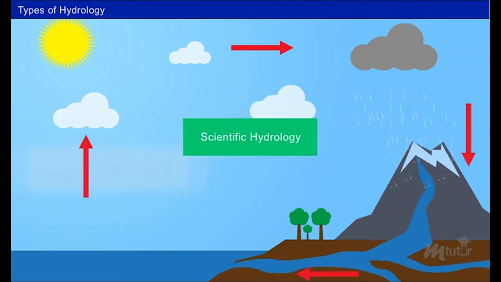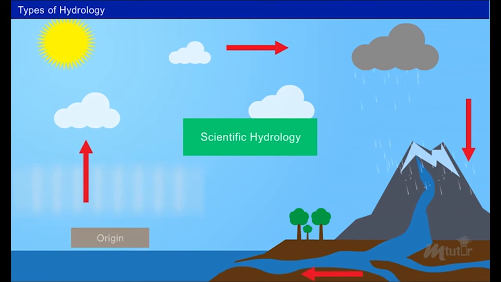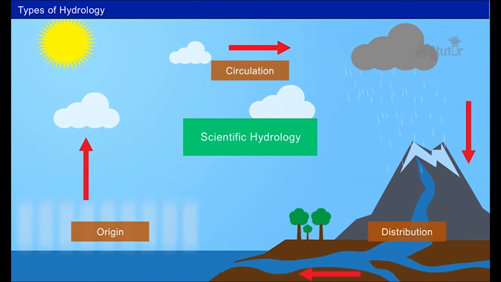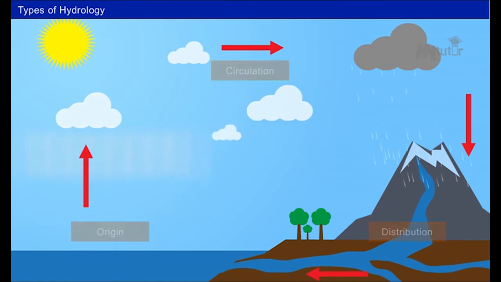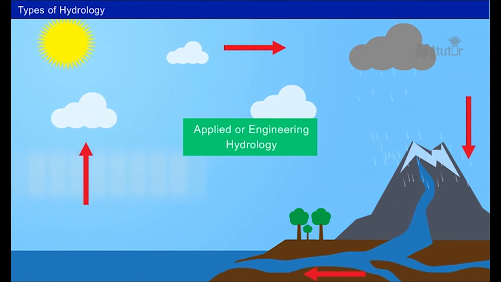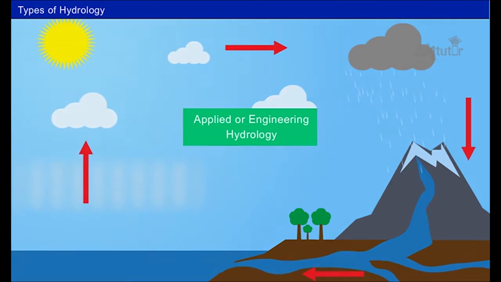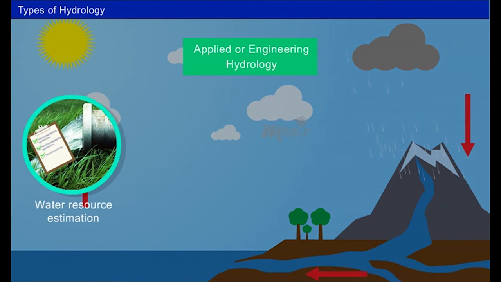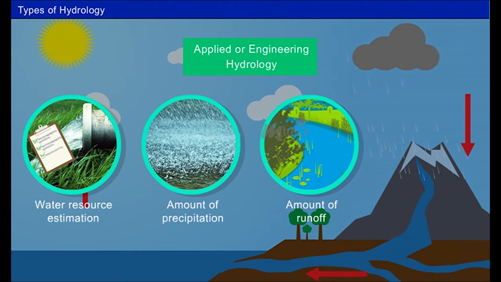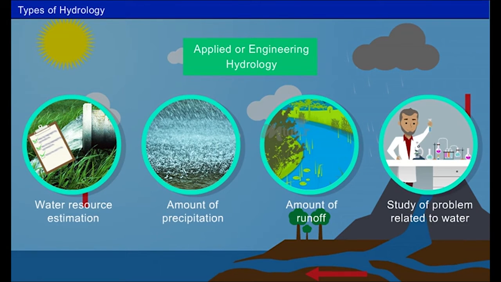Scientific hydrology deals with the study of origin, circulation, and distribution from the academic point of view. Applied or engineering hydrology deals with a study related to engineering applications such as water resource estimation, the amount of precipitation, runoff, etc., and the study of problems related to water.